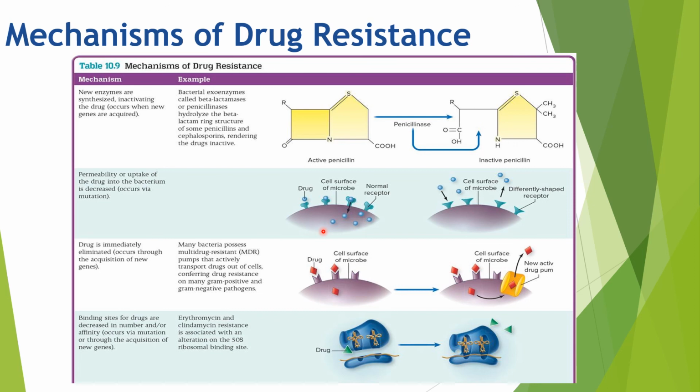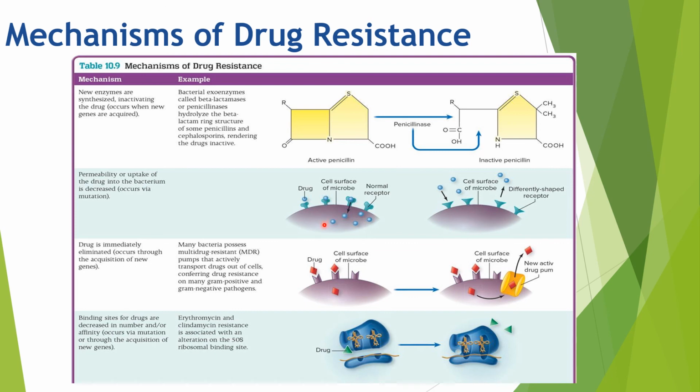What's another way? Well, the bacteria mutates those receptors that it has on its surface. And again, this is not only happening in bacteria; it could happen with other microorganisms as well, but we're focused on bacteria.